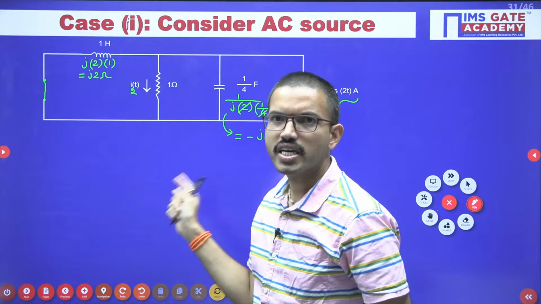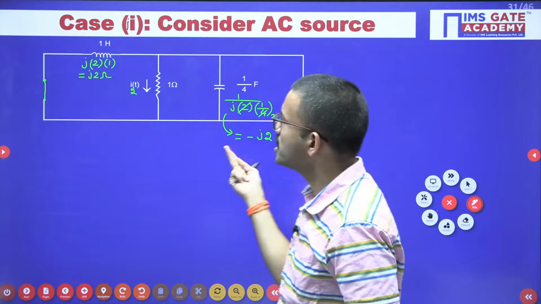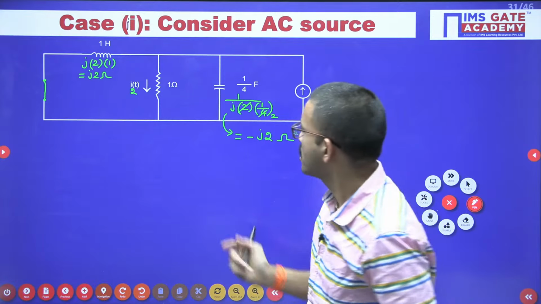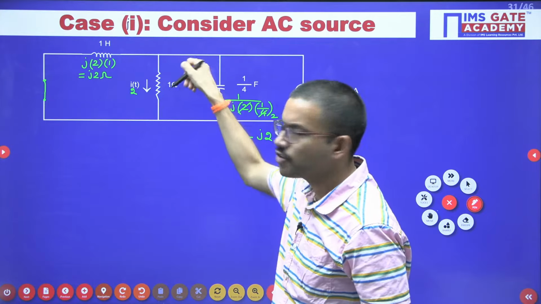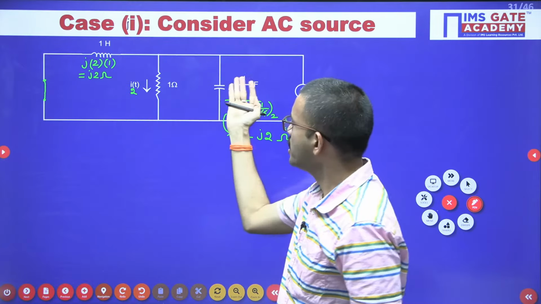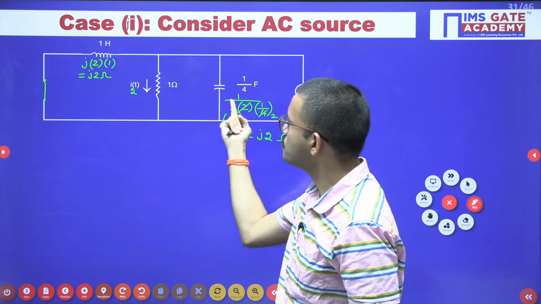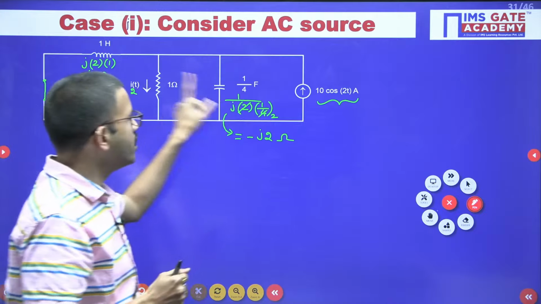If you want, you can use the current division rule. The standard formula you can apply for 2 elements, right? Here ultimately you are having one branch where you are supposed to find the current. Looking at the other branches, initially you can make them into one branch by finding the equivalent impedance.